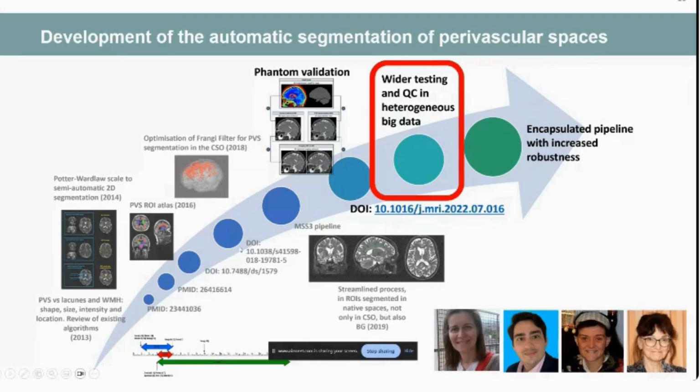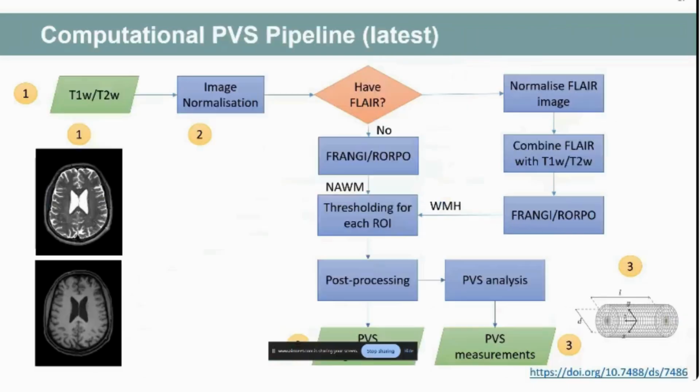We analyze this in cohorts that have disease, so we know where the methods fail, and we try to address them. And we continuously do QC of all the processing that we do. So all this work was encapsulated to increase robustness and reliability and to share with other groups.